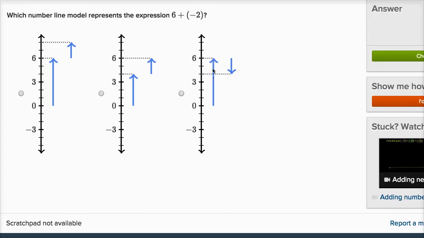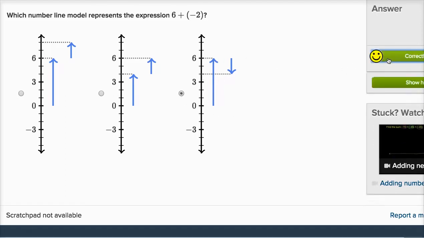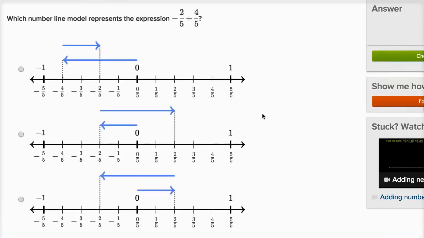You could think of this arrow as representing +6, and then this arrow is representing -2. It takes us 2 down. So if you take +6 plus -2, you do the +6, and then from the tip of your arrow you start the -2, and you go 2 back down, and you end up at 4. So it's definitely that one right over there. This is surprisingly fun. Let's keep going.